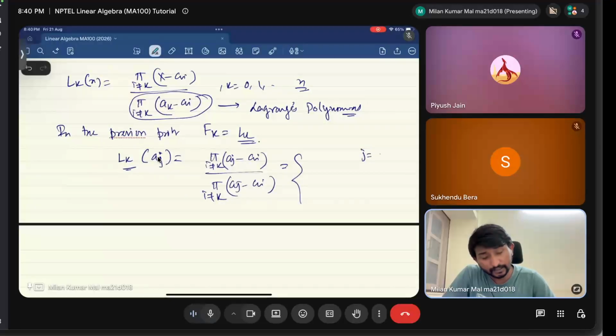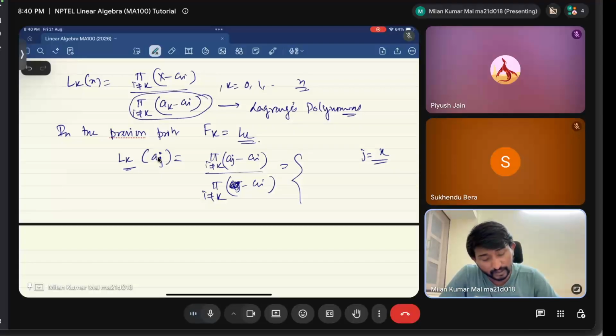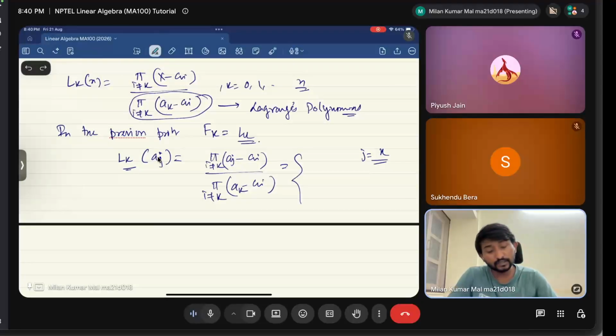Now look carefully, what is this value? If I take j equal to k, you replace aj by ak, and in that situation this is 1.